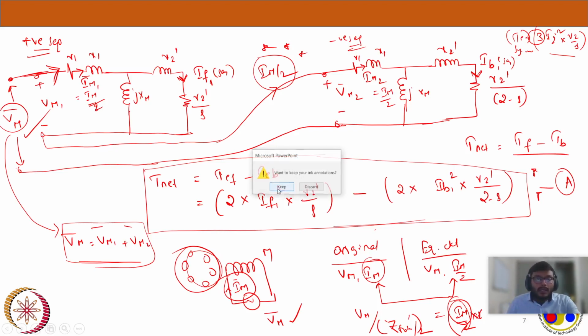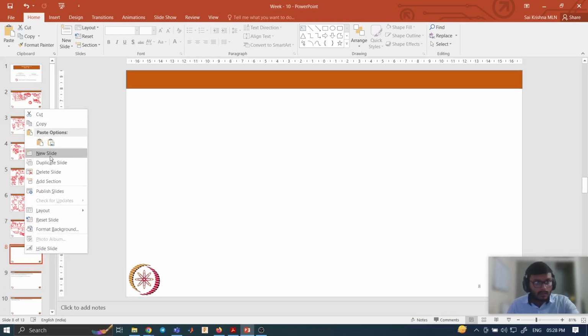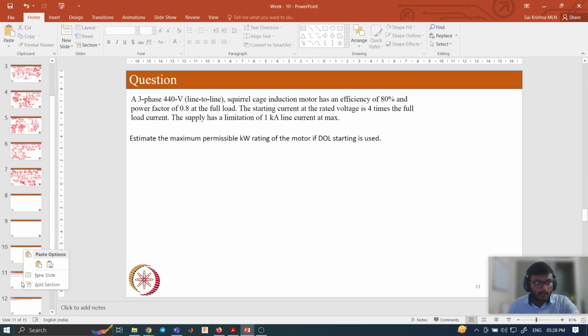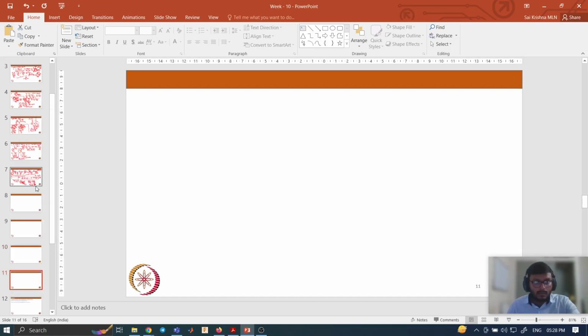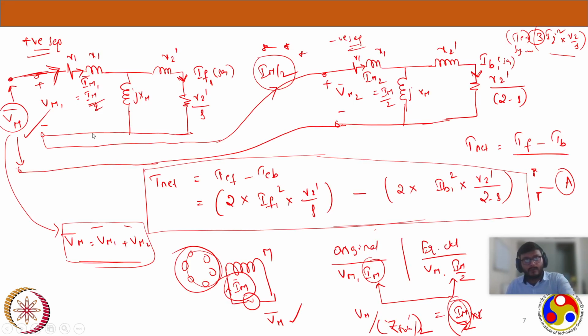Keeping the voltage the same, if somehow I can make the impedances half, then I can make the total current flowing through the circuit IM.